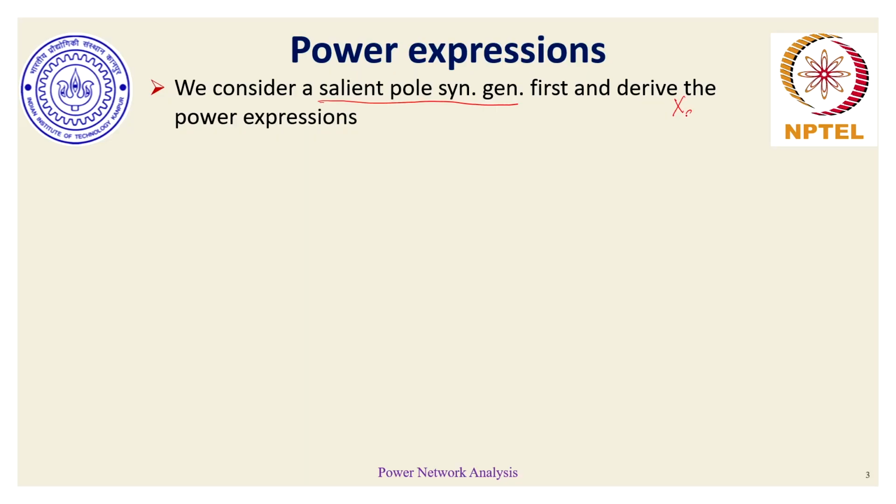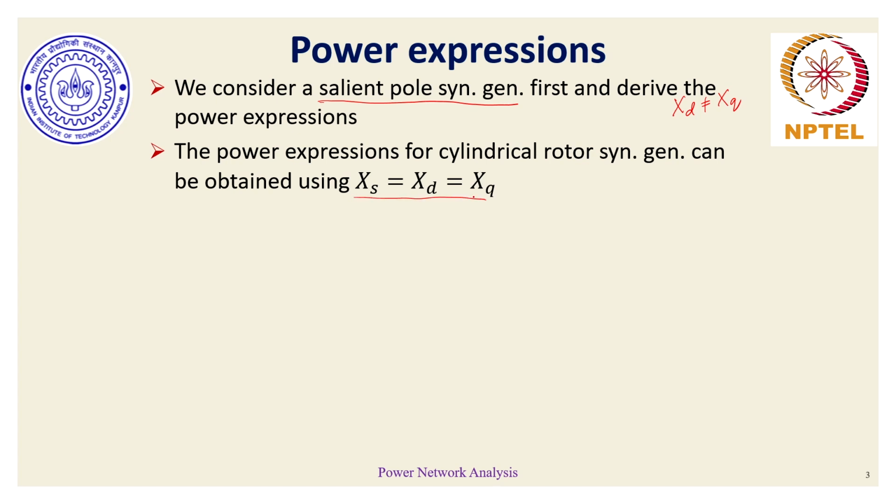From here, to find the corresponding real and reactive power expressions for a cylindrical pole machine, it is pretty obvious that in a salient pole machine we have two reactances Xd and Xq which are not equal to each other, whereas for a cylindrical pole machine the air gap is more or less uniform along the d axis or quadrature axis. For the time being, if we neglect the variations in the air gap because of distributed rotor and stator slot windings, then in a cylindrical pole machine we'll have the same reactance along any axis.